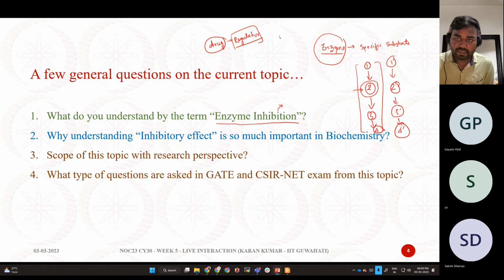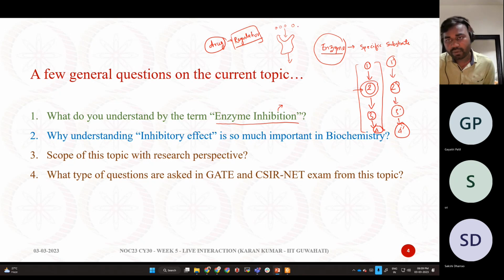There will be a specific type of enzyme which will be catalyzing a particular reaction, or it might be responsible for binding or sensing a particular biomarker, and then it will do the signal transduction in the cell, and that may progress a particular disease, that may be the cause of a particular disease.